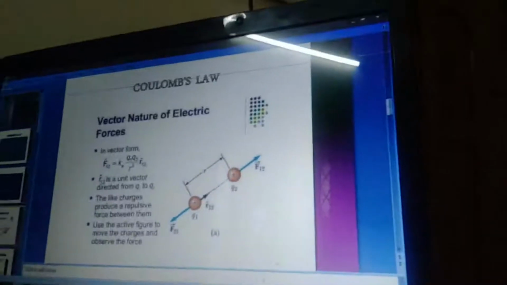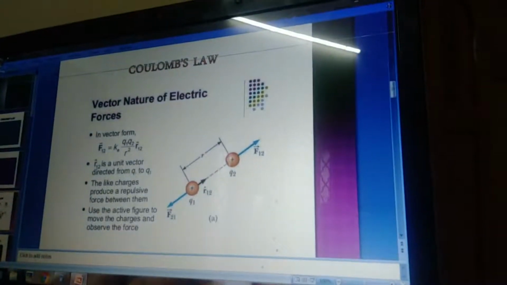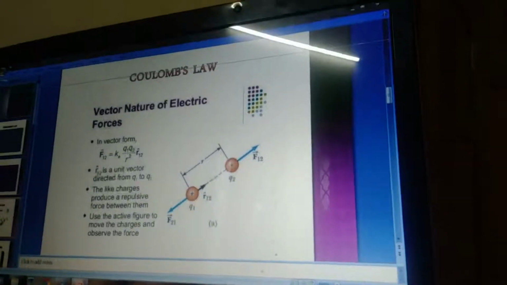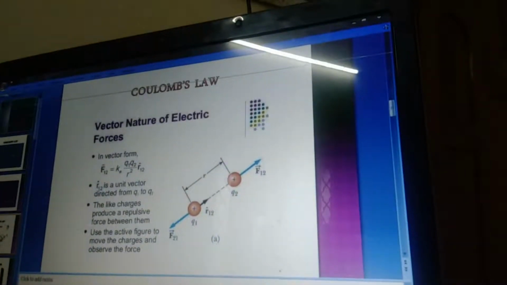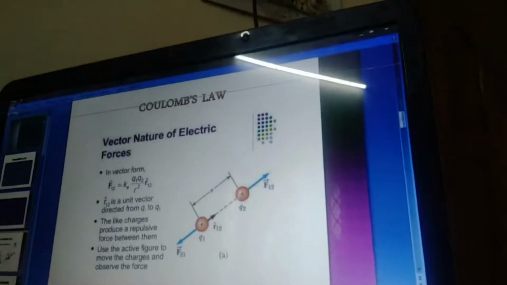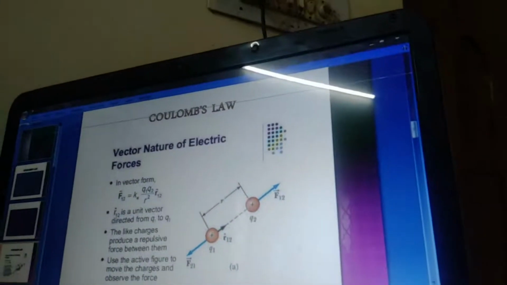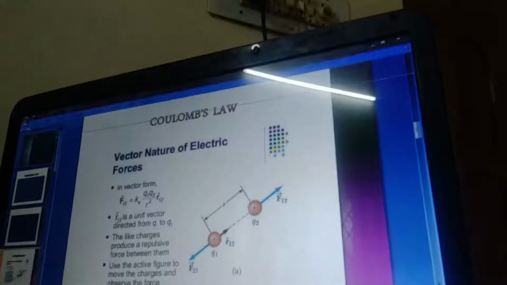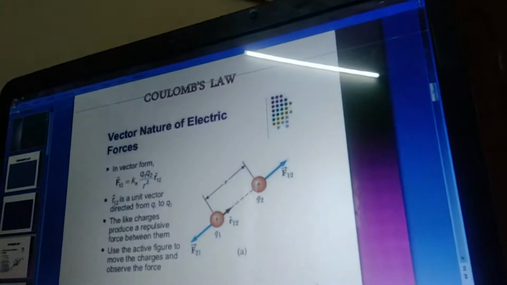If you have two charges q1 and q2 separated by a distance r, q1 will experience a force due to q2 and q2 will experience a force due to q1. If you are considering the force acting on q1 due to q2, you can express it as F12.